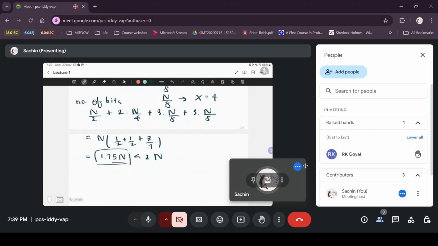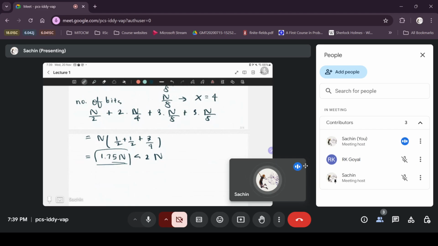Yes. What is it? Yes, you'll say that it's the average length, the average number of bits you need to represent the outcomes of the experiment.